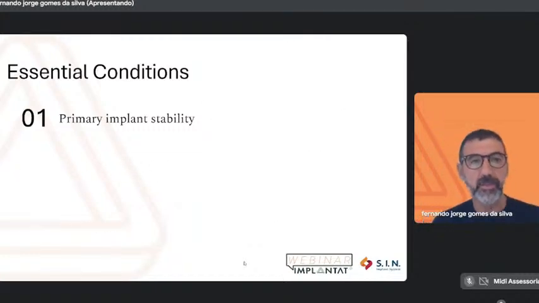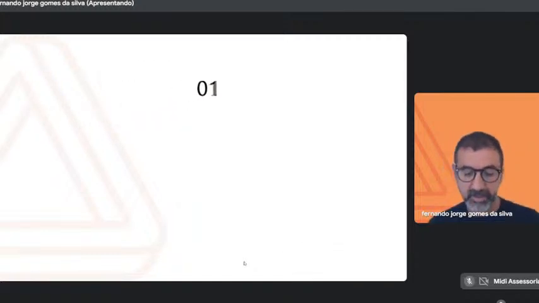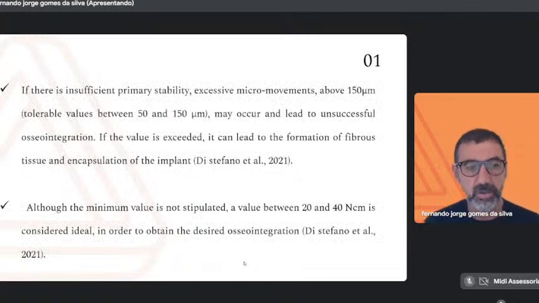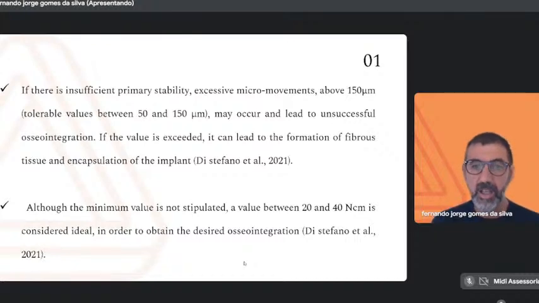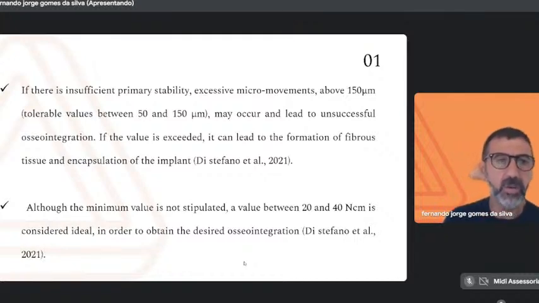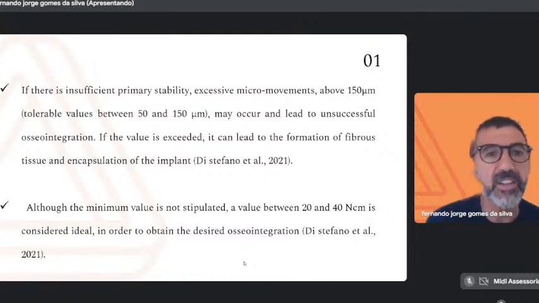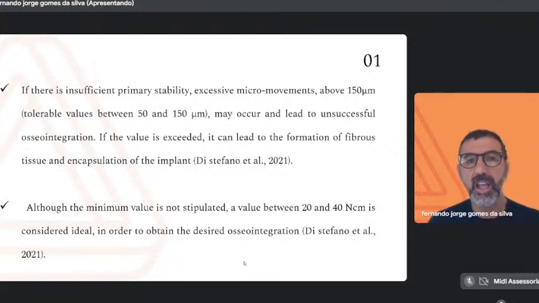The first one is the primary implant stability, and Di Stefano, in the study of 2021, stipulated a value between 20 and 40 newtons to consider ideal in order to obtain the desired osseointegration, although the minimum value is not stipulated. He said also, if there is insufficient primary stability, excessive micro movements may occur and lead to unsuccessful osseointegration.